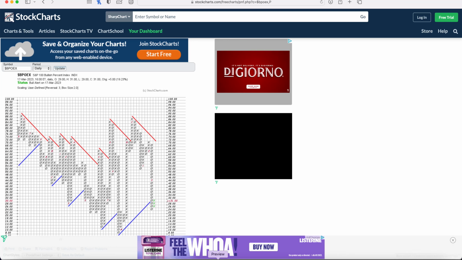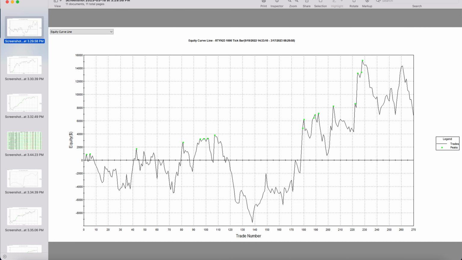And then we'll get right into our algorithmic trading, the automatic trading. So here's the Russell 2000 futures contract, and actually we had to change. That's interesting. This symbol needs to be changed to RTYM23.